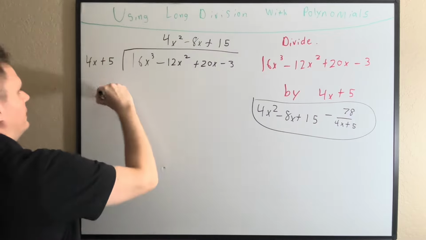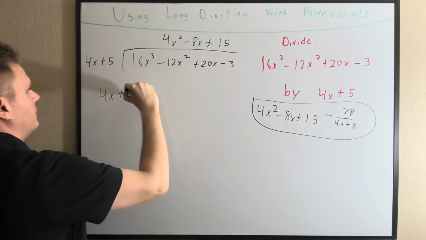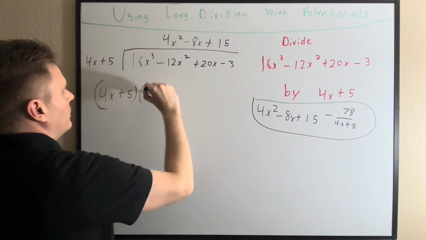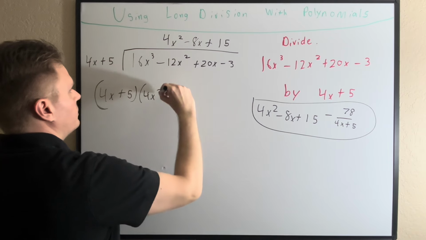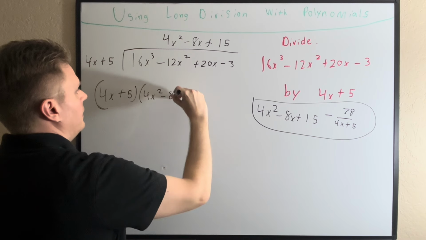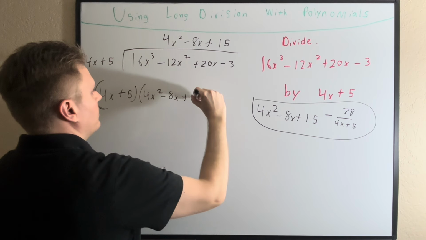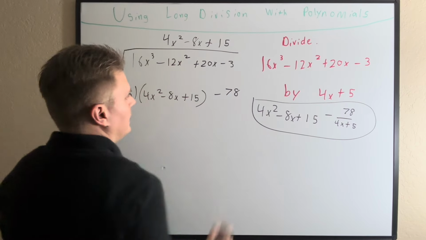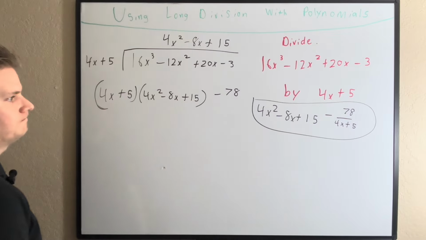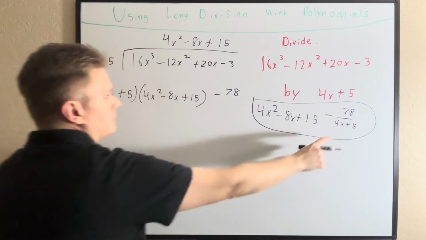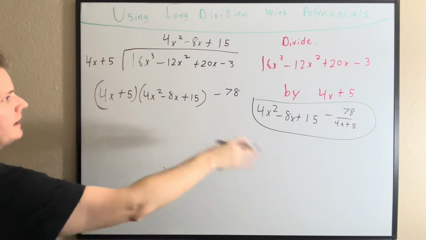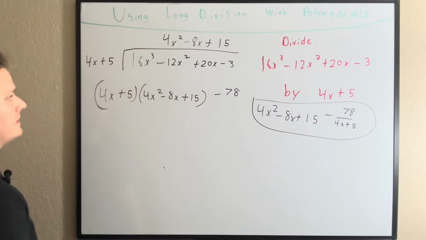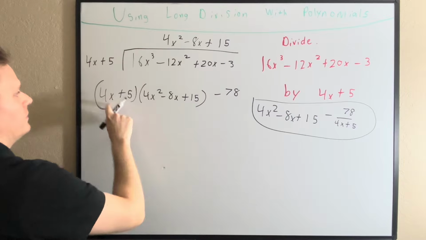And let's actually check that. 4x plus 5 times 4x squared minus 8x plus 15 minus 78. No need to put the denominator over there. We know it's going to be minus 78 eventually because that cancels out with this, right? So, distribute it.